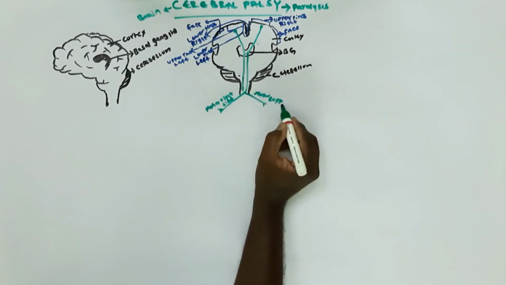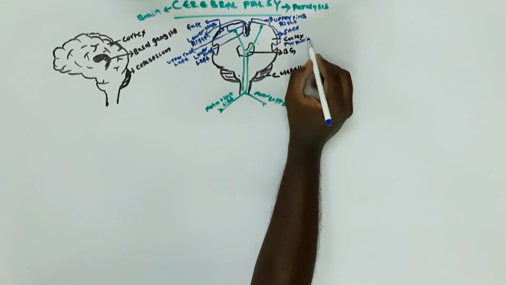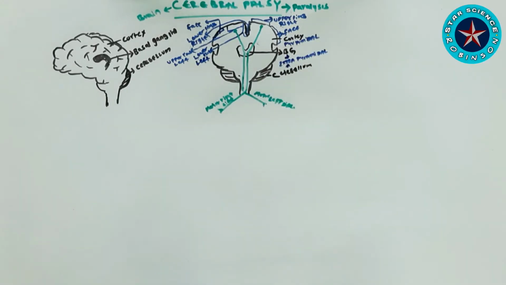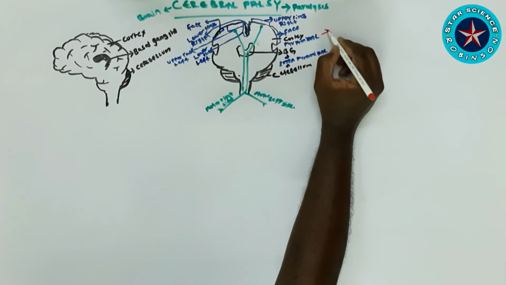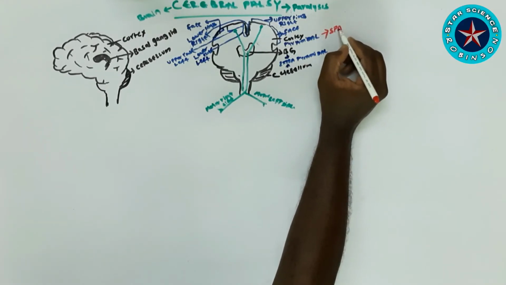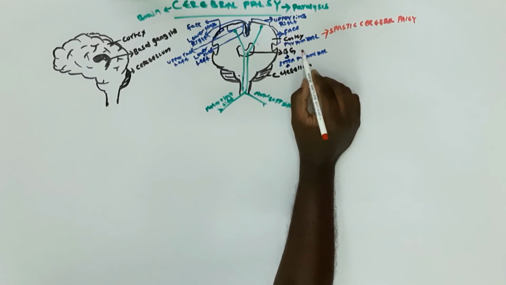So here is the motor of the left side of the body, and first we deal with the motor of the right side of the body. The cortex region is pyramidal. The basal ganglion is extrapyramidal, and at the same time the cerebellum is also extrapyramidal. The cortex region is pyramidal, so it is spastic cerebral palsy.